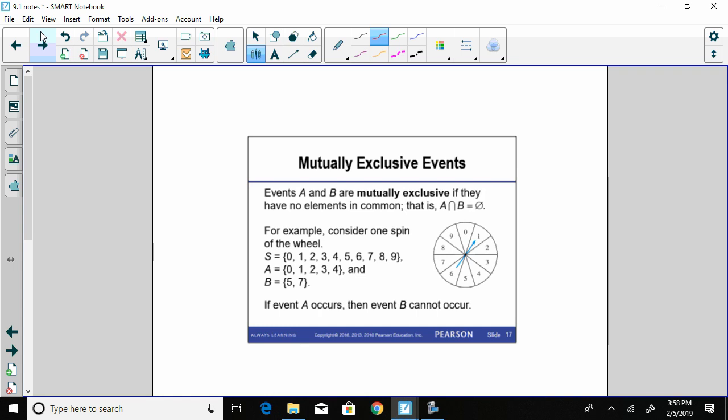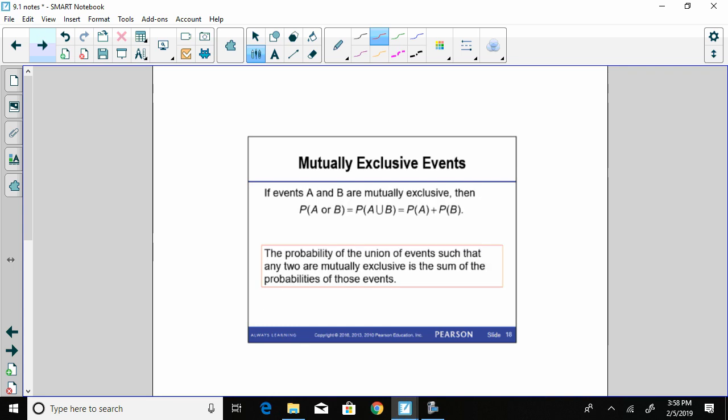If event A occurs, then event B cannot occur, right? If you get 1, 2, 3, or 4, then obviously you did not get a 5 or a 7. They are mutually exclusive. They do not overlap at all. If events A and B are mutually exclusive, then the probability of A or B is the same as the probability of the union of A and B, which is the same as the probability of A plus the probability of B. I am not a big fan of unions and intersections and all those.